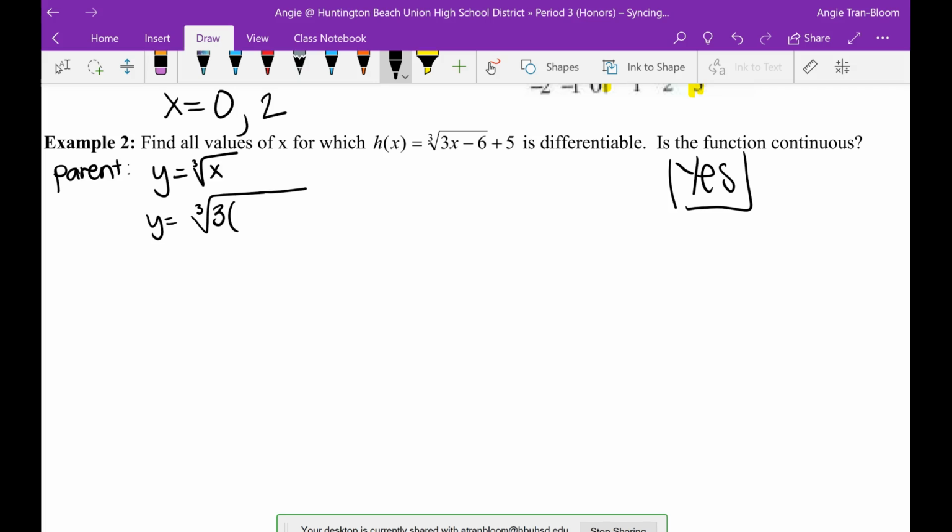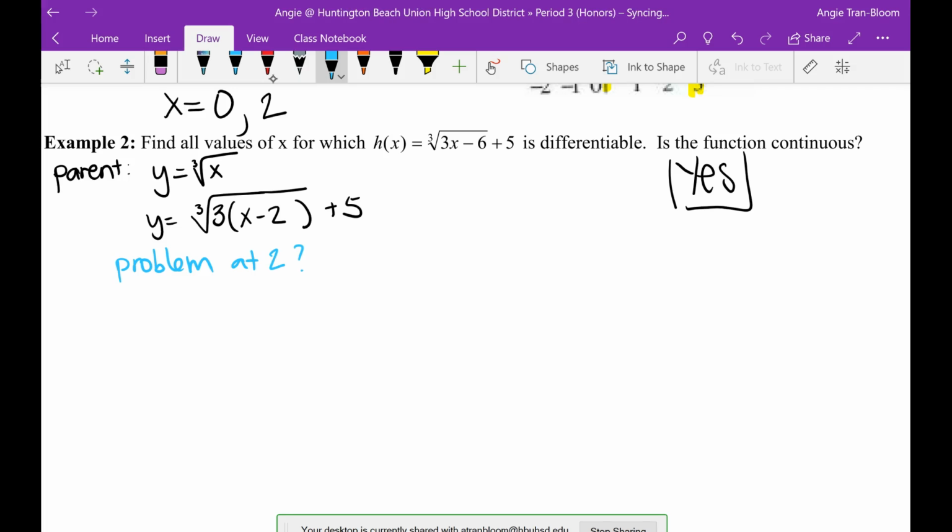If you have a transformation, you always have to factor out. If you take out the 3, what's left? X minus 2. So at 2, something funny is happening. So there's a problem at 2.